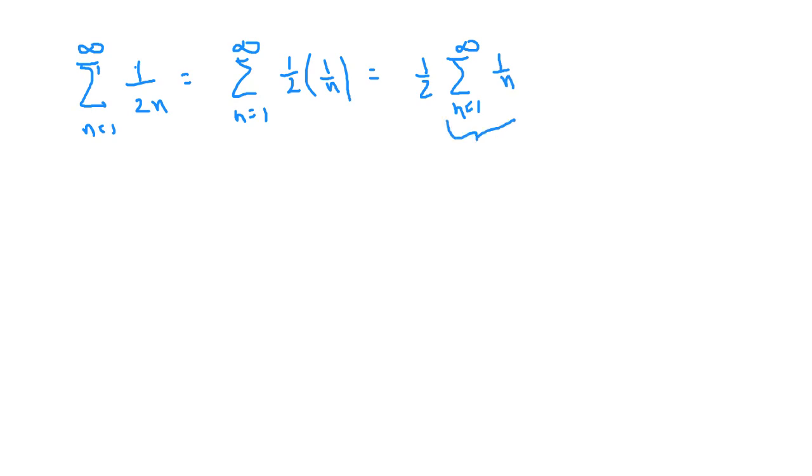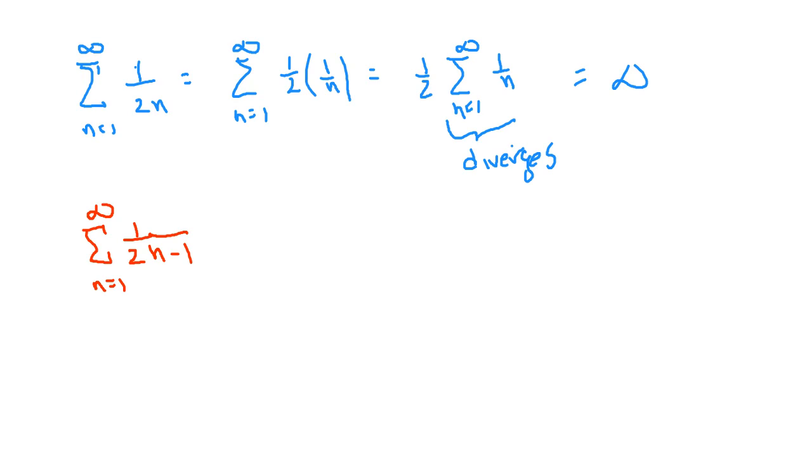So you'd have 1/2 times a divergent series, and that's going to equal infinity. Now the series we have is a little different, right? Because we have 1 over 2n minus 1.